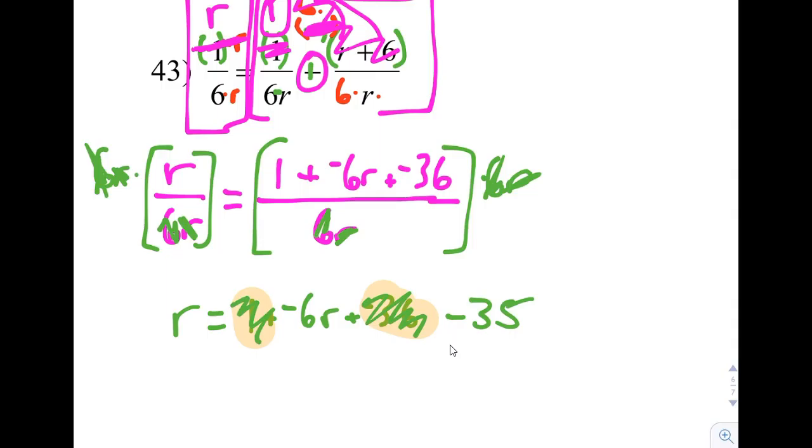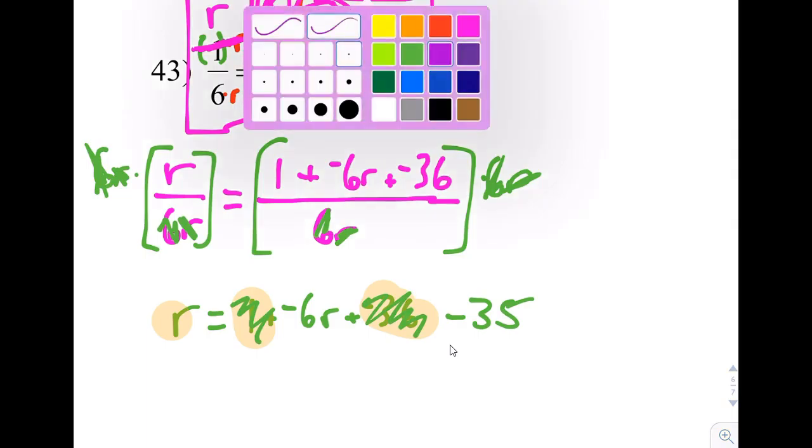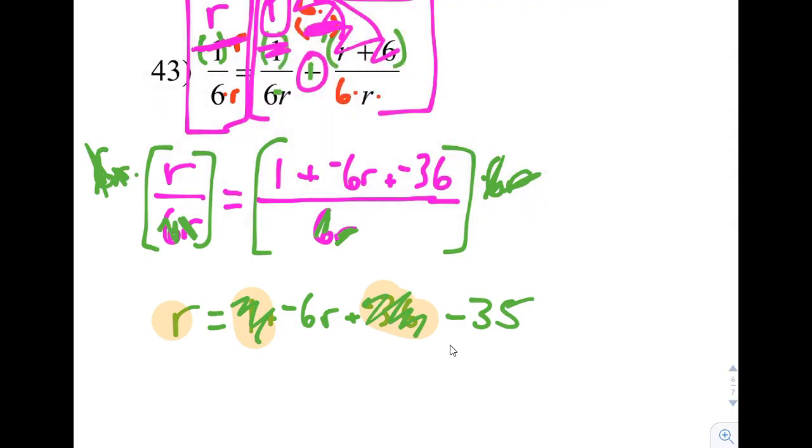Since I have only r's on the left side and I have r's and numbers on the right side, I'm going to choose as my most efficient way to get this all on one side to take this chunk and ship it over the other side. When you ship it over, what I mean by that is we are going to add 6r to both sides. So if we were to just take that little spaceship and send it over, it would change signs to a positive.